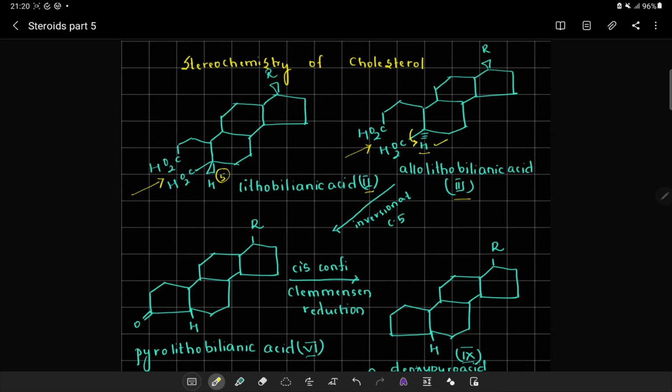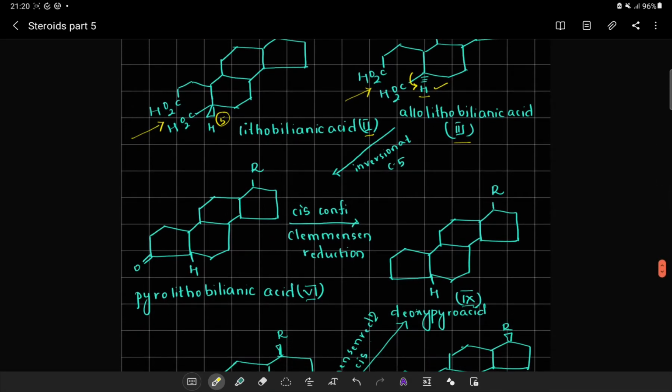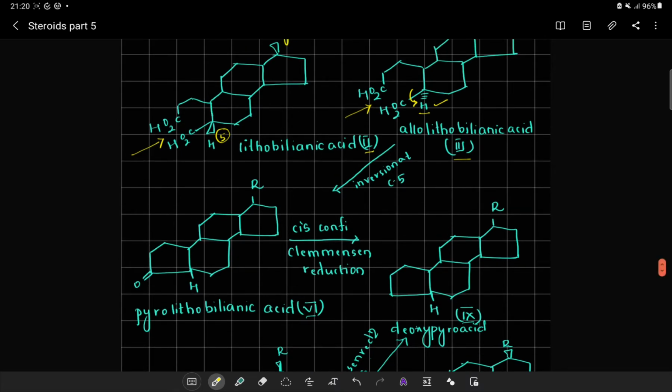Then there is loss of a molecule of carbon dioxide, and a cyclization gives me a cyclopentanone system, that is ring A. In this case, lithobilianic acid is going to give me pyrolithobilianic acid, that is compound number 6. Allolithobilianic acid is also going to give compound number 6, pyrolithobilianic acid.